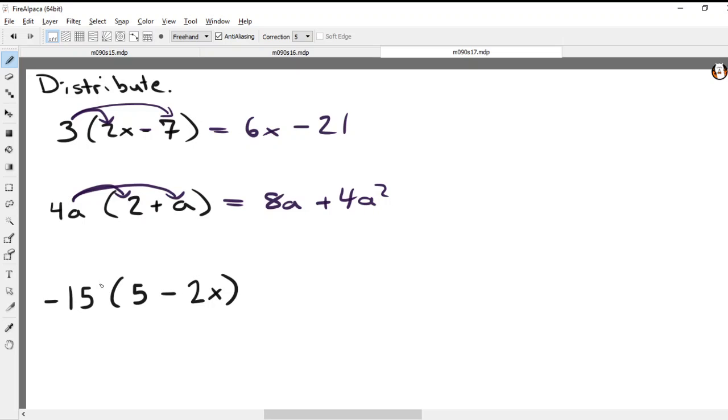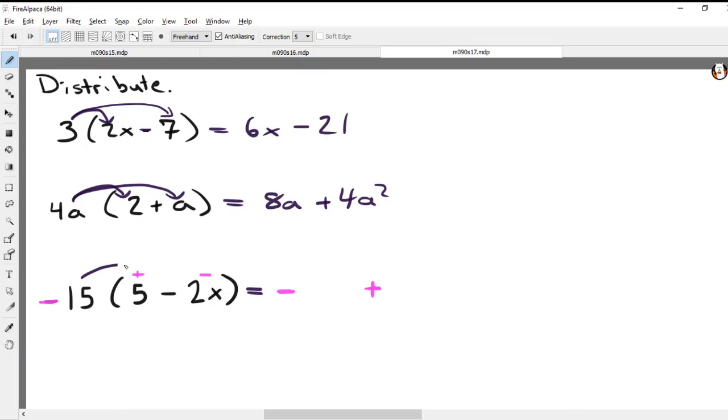Now it's time for the third problem. Notice that negative sign right there. The pattern of the signs is plus, minus. My new pattern of the signs is going to be negative, positive. I'm writing those signs out ahead of time because I know they're going to change.